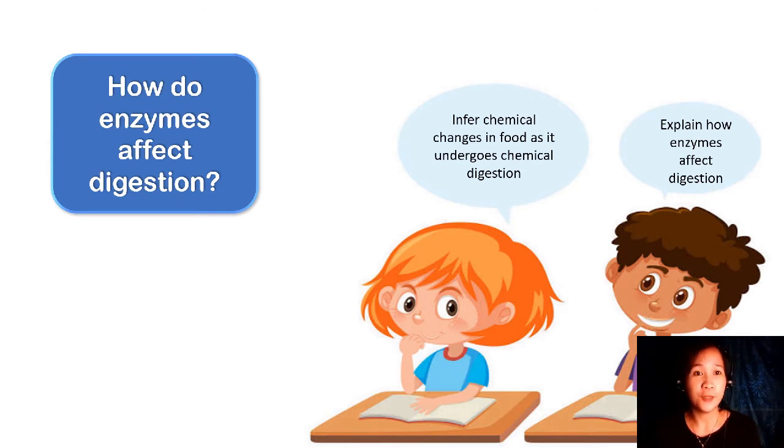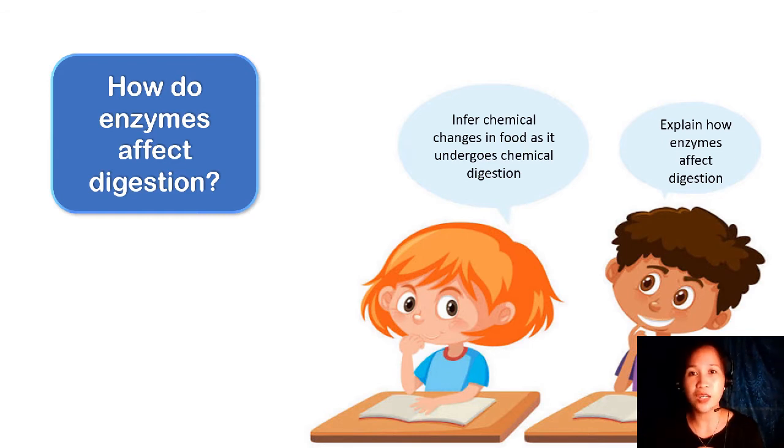So now let's proceed. How do enzymes affect digestion? Let me show you a video, and after you watch the video, you are going to explain how enzymes affect digestion and infer chemical changes in food as it undergoes chemical digestion. As we all know, food undergoes physical and chemical change as it moves from one part of the gastrointestinal tract to the other.